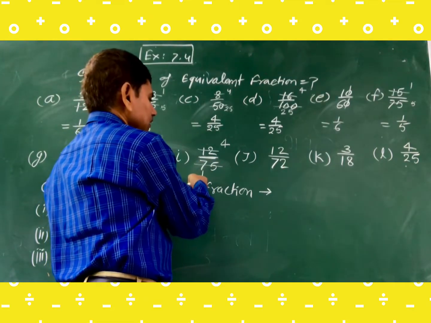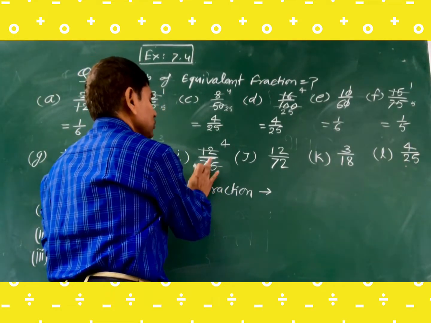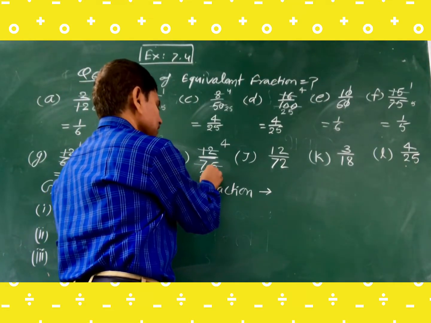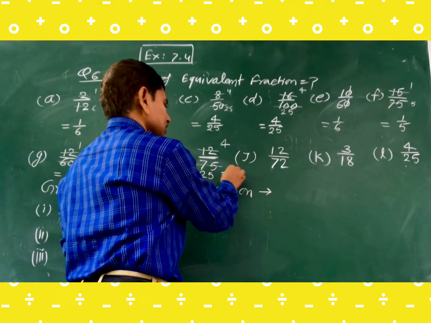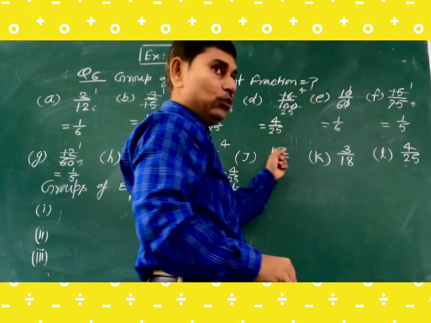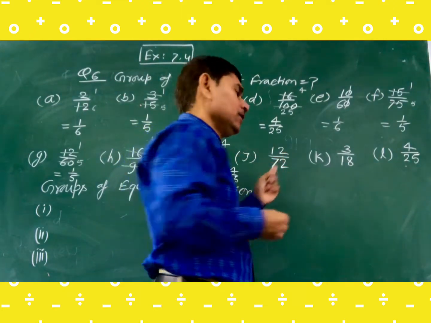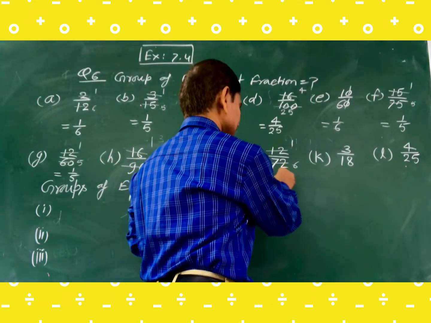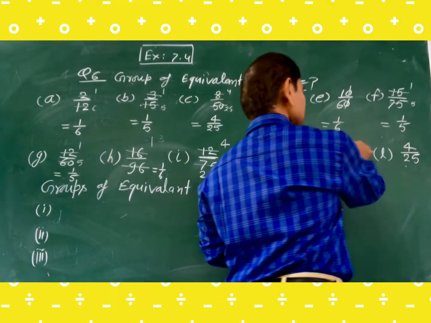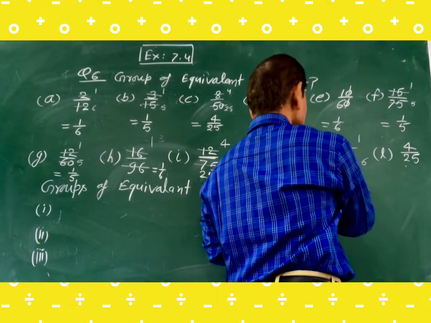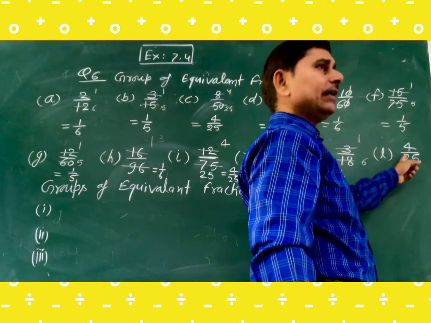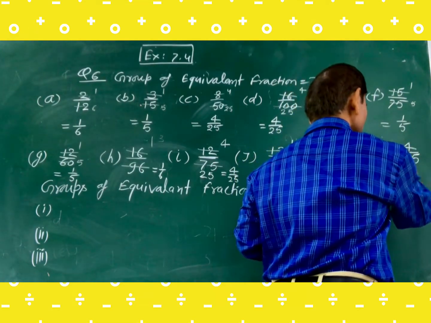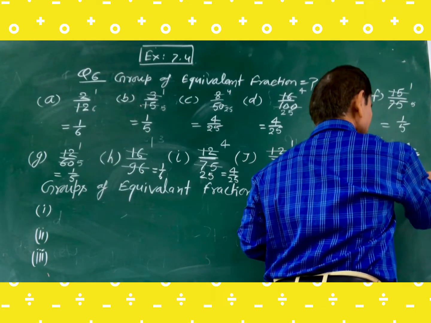Here you cancel by 3: 3 twos are 6, 1 is remaining, 15 and 3 fives are made, that is 4 by 25. And you know the table of 12: 12 ones are 12 and 12 sixes are 72, this is 1 by 6. And here again 3 ones are 3, 3 sixes are 18, that is 1 by 6. And this you cannot cancel by any table, so this is same to same, that is 4 by 25.